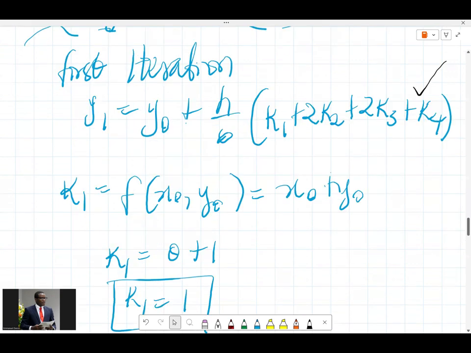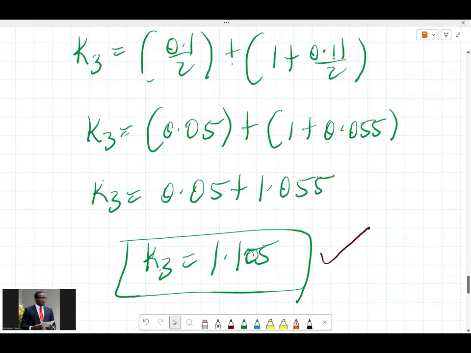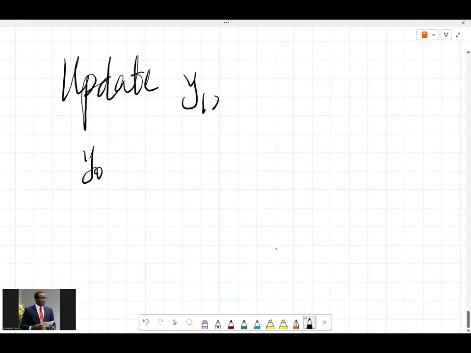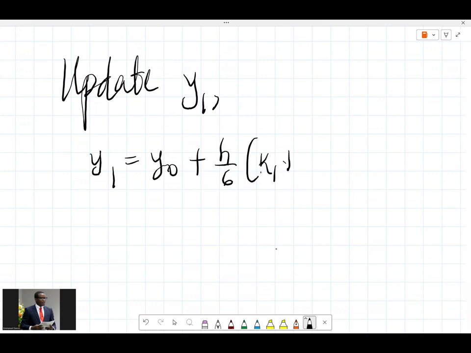So Y1 is equal to y naught plus h over 6 into K1 plus 2K2 plus 2K3 plus K4. All right, so we can update that.